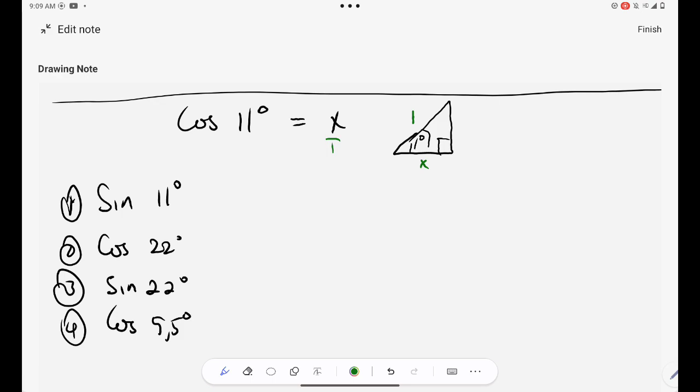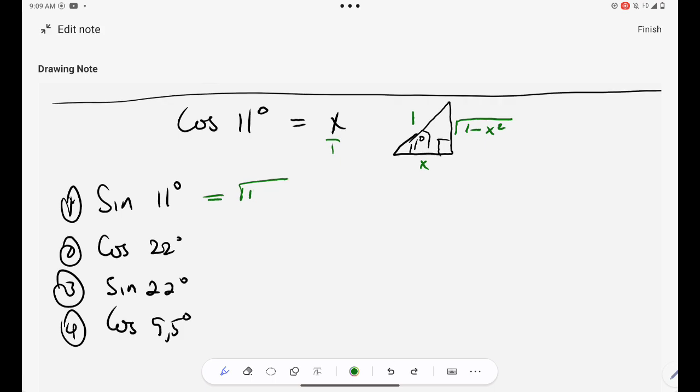So my adjacent side is x, my hypotenuse is 1. Simply means that my opposite will be the square root of 1 minus x squared. Right? So now I want to find sine 11. All I need to do is to say opposite over hypotenuse. I'll have the square root of 1 minus x squared, all divided by 1. I don't have to worry about that.